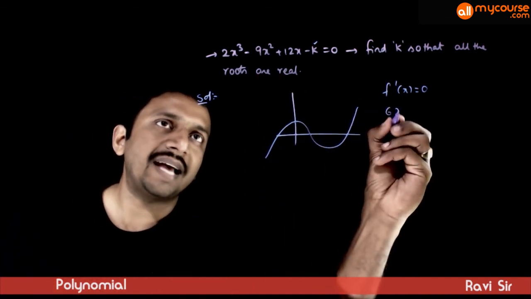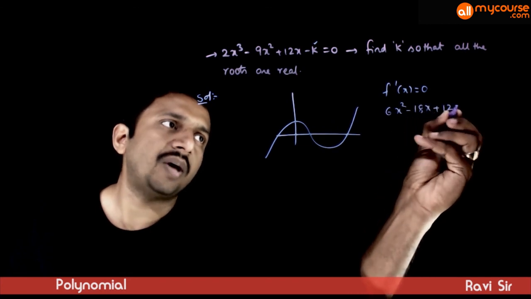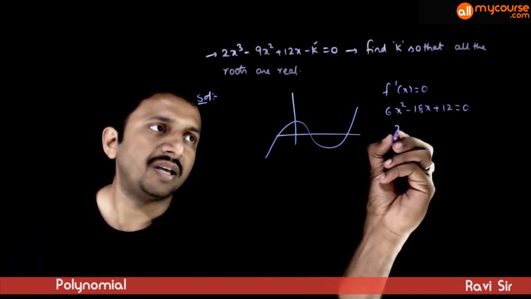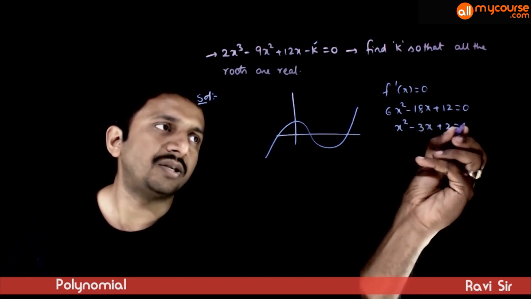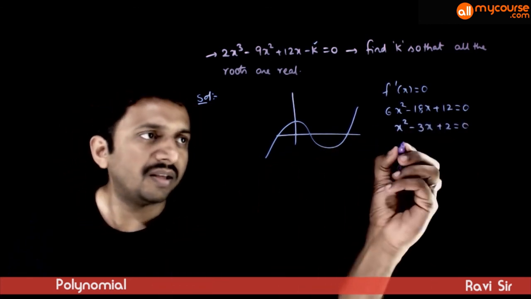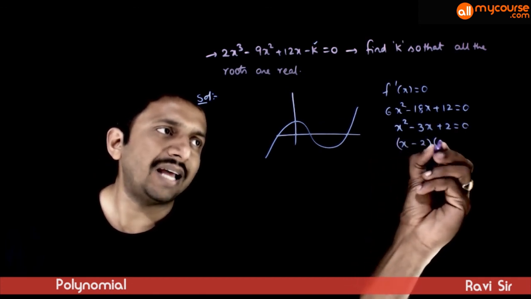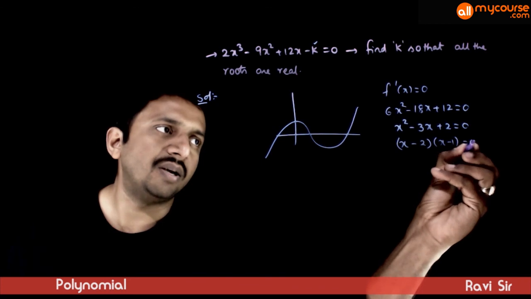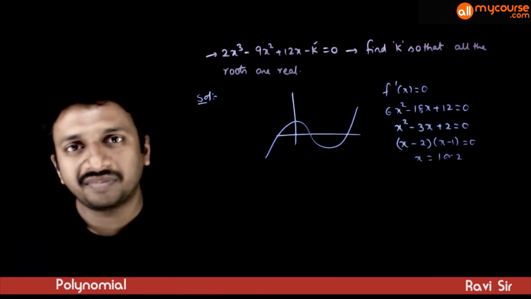So 6x square minus 18x plus 12 is equal to 0. That is x square minus 3x plus 2 is equal to 0. So x minus 2 times x minus 1 is equal to 0. x is equal to 1 or 2.